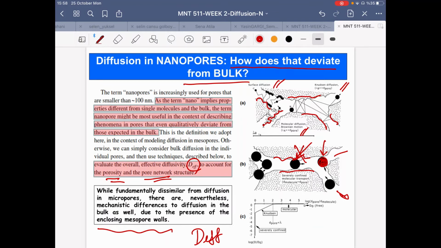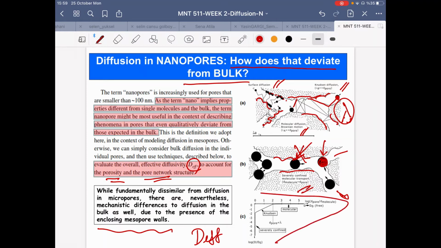Or you can have such a big molecule that it usually hits the walls before it hits another molecule. It's bigger and my pore is smaller, so it hits the wall. So its mean free path, and we're going to come back to this, for Knudsen diffusion is high. And there's surface diffusion, where it travels through the surface. For example, this is severely confined molecular transport.